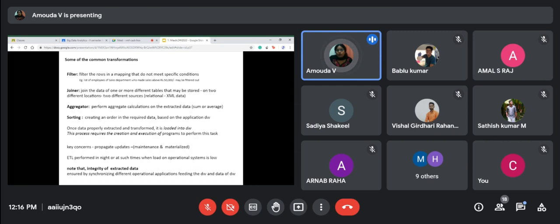Very important concept: you have to maintain and materialize, because once it is done, it will not be updated further. So all the data are propagated, updates are maintained. Once it is done, it will not be considered for any further editing. That's all.